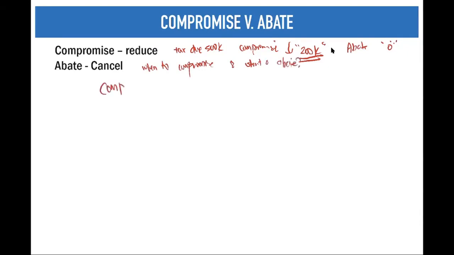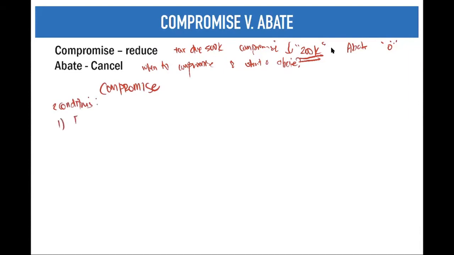So first, we dwell on compromise. When do we compromise taxes? Okay, there are two conditions for compromise.